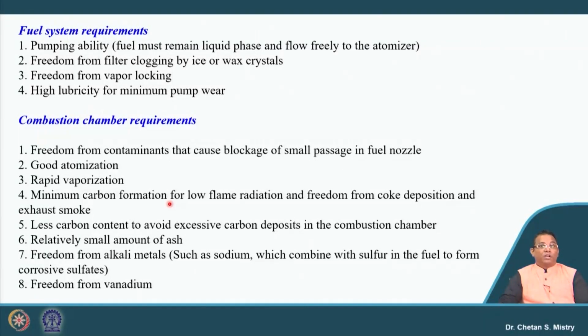These soot particles may block the turbine cooling holes and cause catastrophic failure. It should be free from alkaline metals and free from vanadium. So, these are all the special requirements.